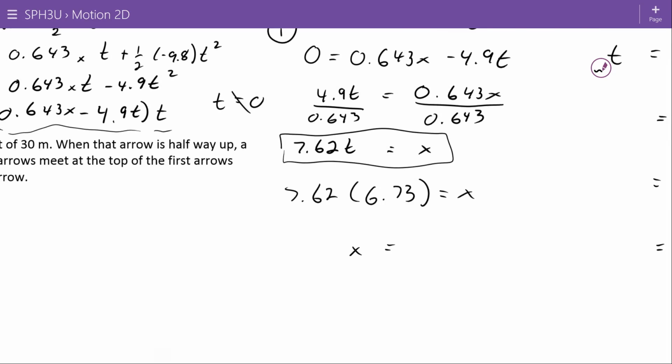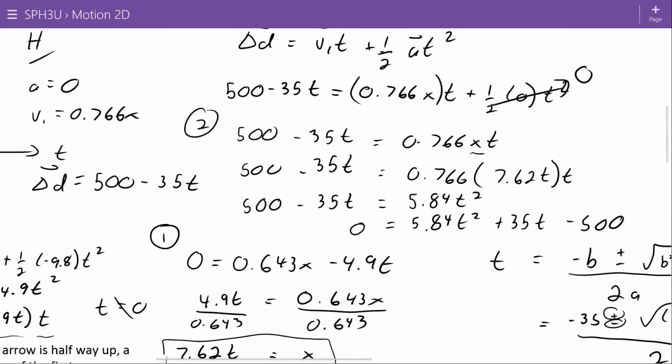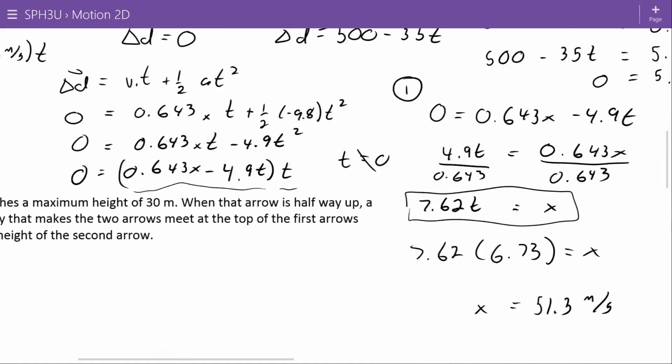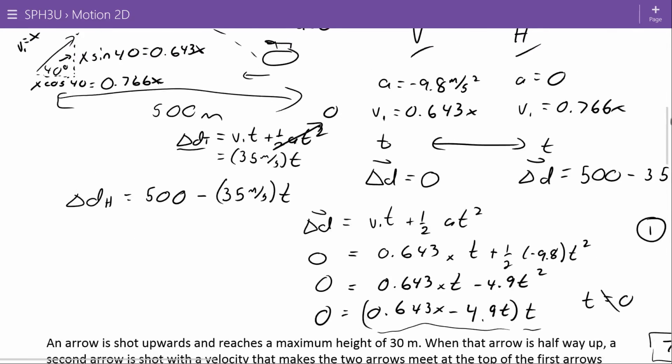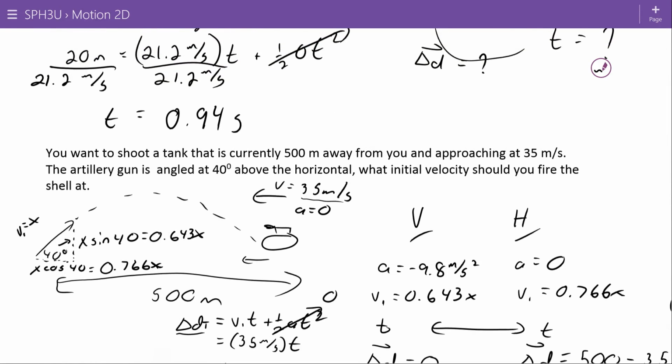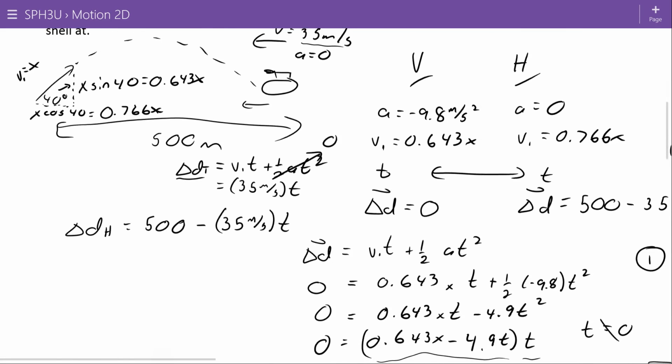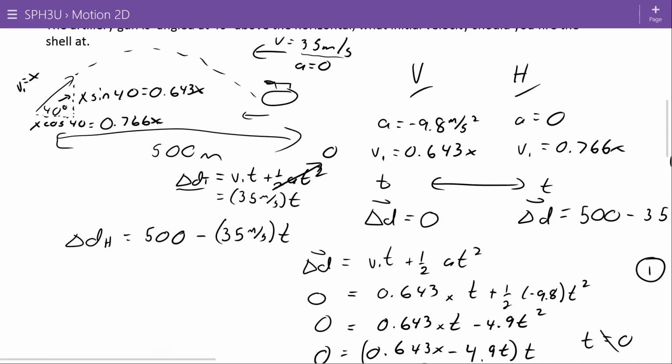And my x equals 51.3 meters per second. So that's a long way, big algebraic solution, but basically, if you shoot this at 51.3 meters per second, it'll go up, it'll come down, its horizontal range will match how far that tank has moved in the equivalent amount of time. So that's a projectile shot at a moving target.